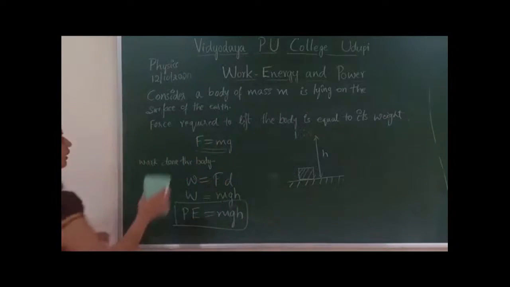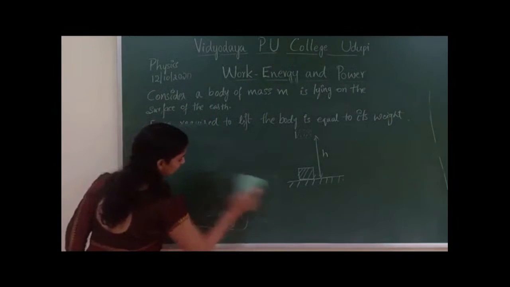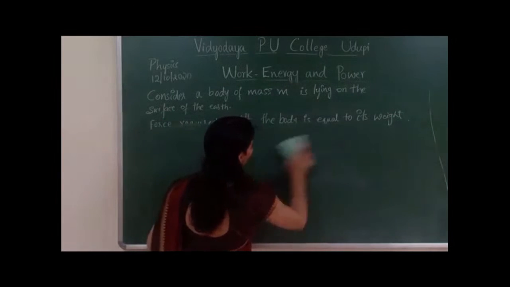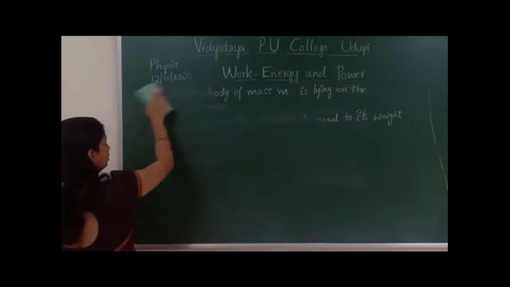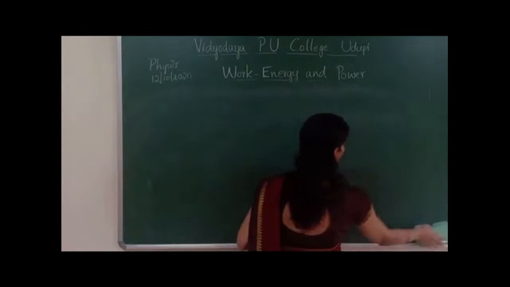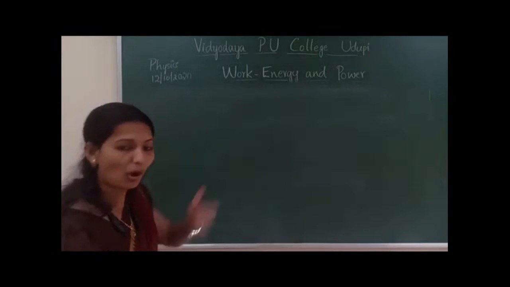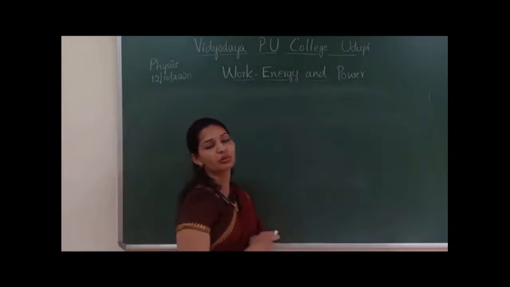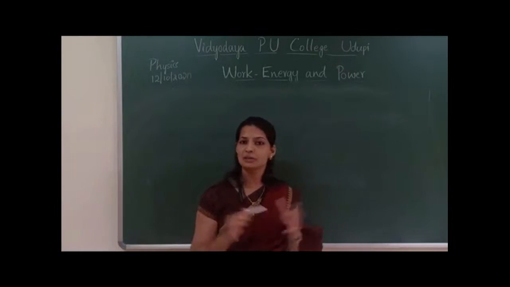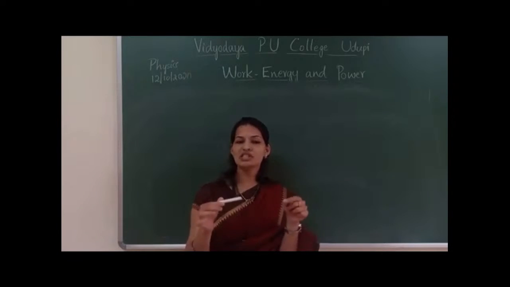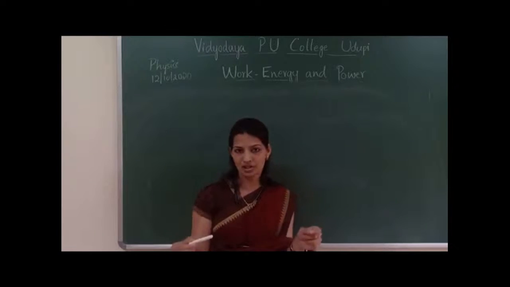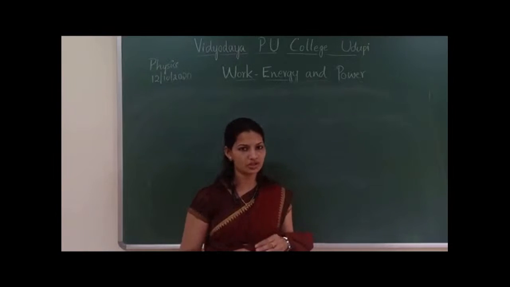Examples: the water in a tank above the ground, a stretched bow, and a stretched rubber band. Because of their position or change in configuration, these bodies possess some energy. This is called potential energy.